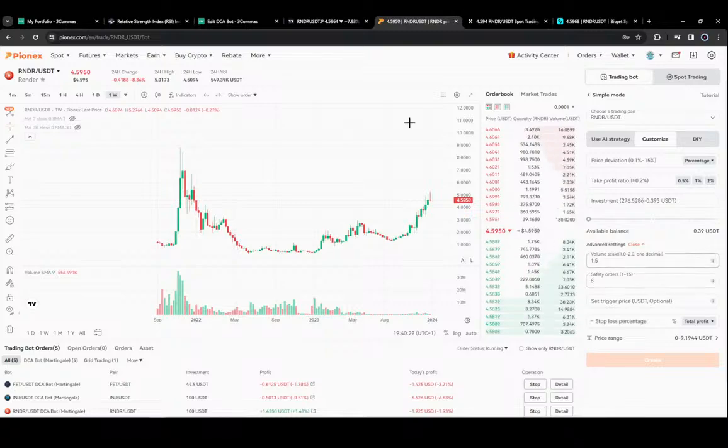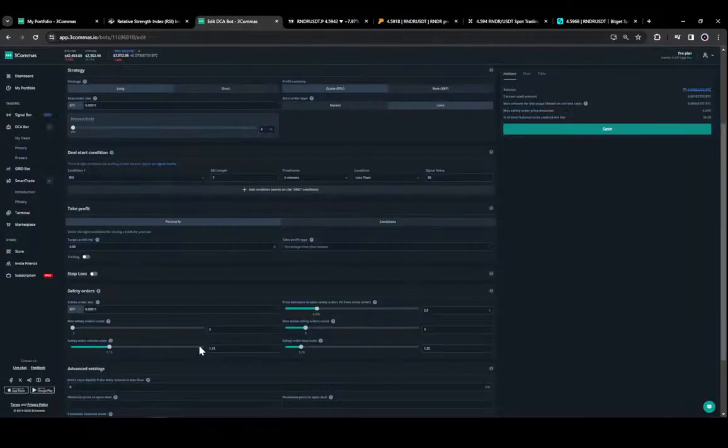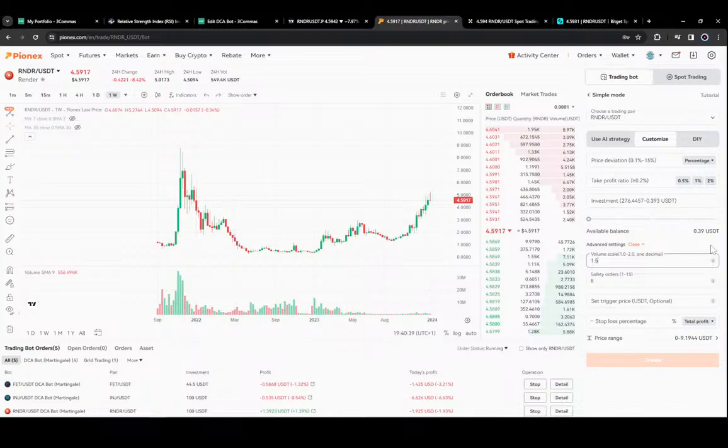So the volume scale, just to remind you, I use 1.15 and then the step scale 1.25, and my deviation is 2.5. So on Pionex, you could do something like this, 2.5, then investment, whatever you would have available on exchange. Volume scale 1.15.